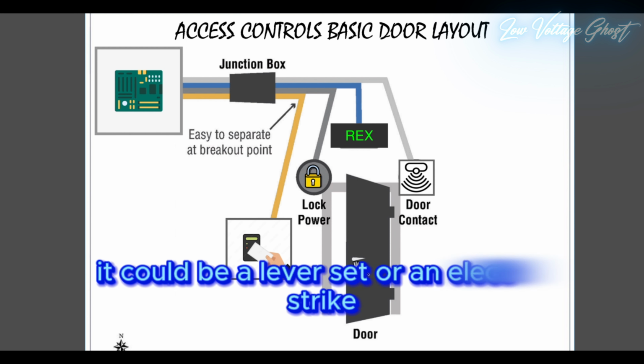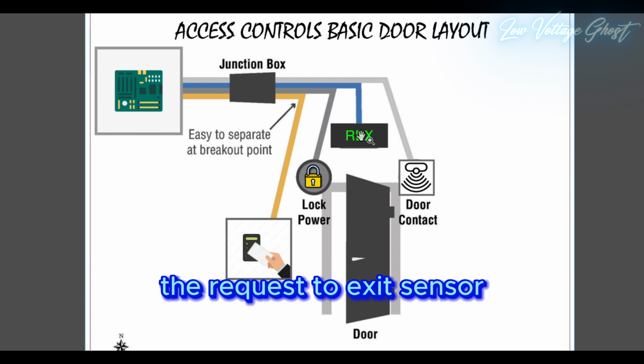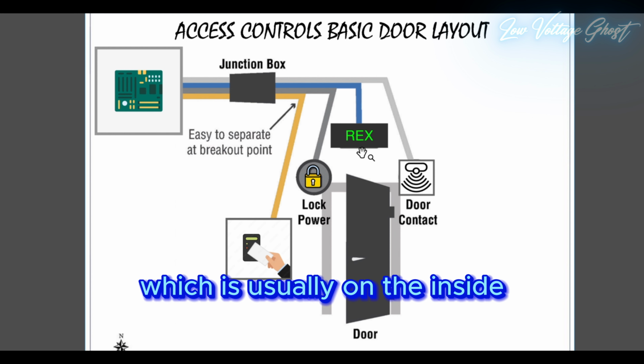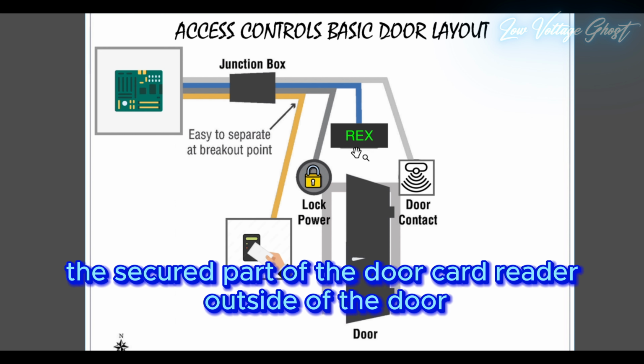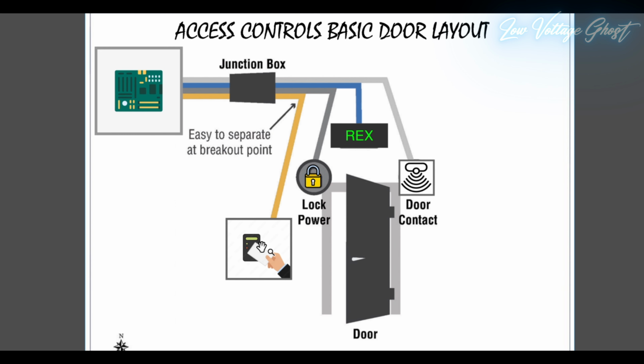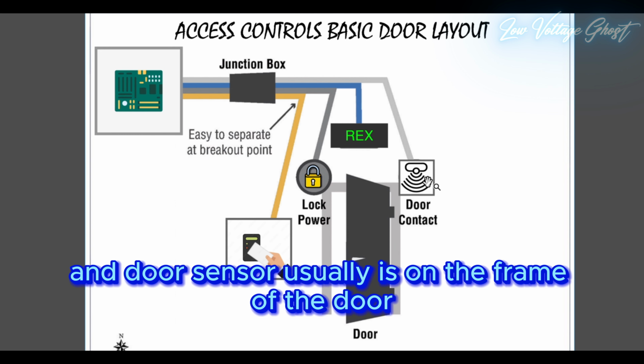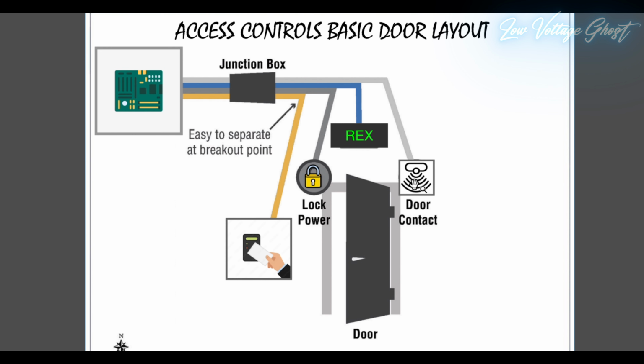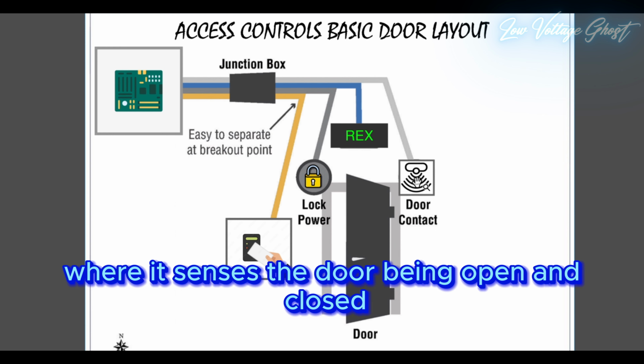Sometimes the lock could be a lever set or an electric strike. The request to exit sensor is usually on the inside, the secured part of the door. The card reader is outside of the door. And the door sensor is usually on the frame of the door, where it senses the door being open and closed.